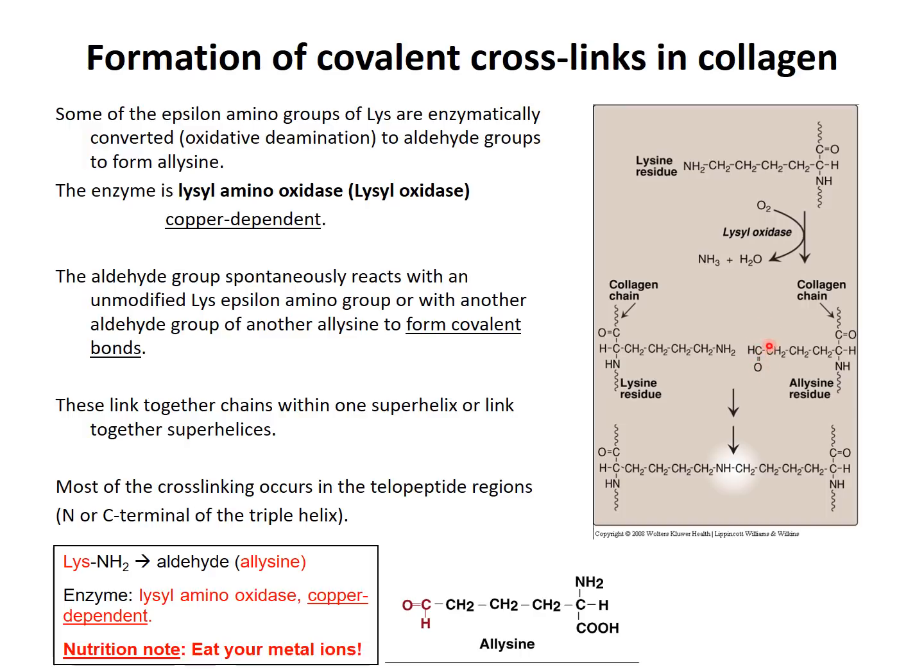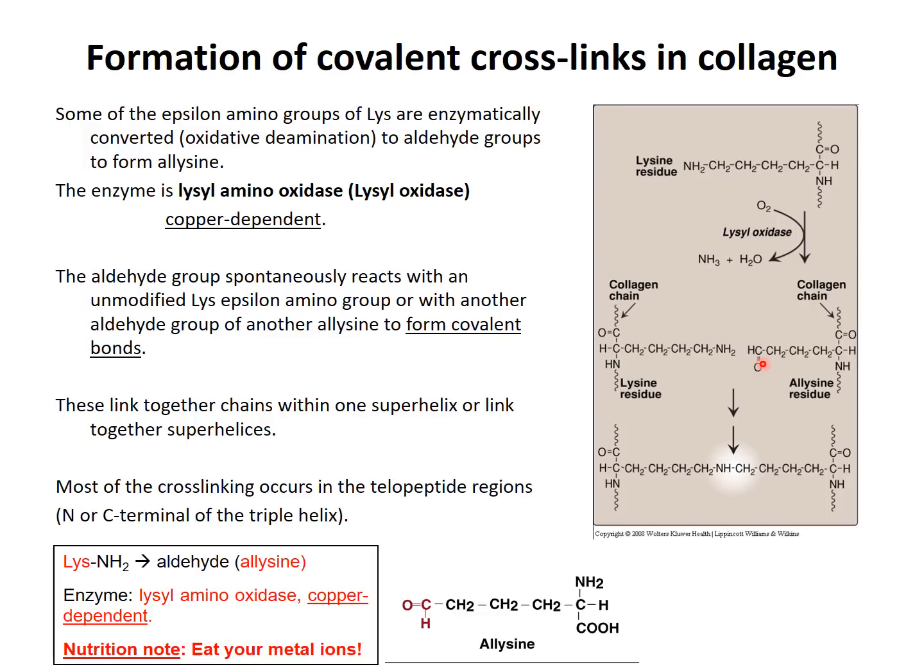It can react either with another aldehyde, which we call aldehyde condensation, or the aldehyde can react with an amino group, which is Schiff base formation, if you were a chemistry major, and a covalent bond will be formed. So you need the enzyme, which works with molecular oxygen and a copper ion. It forms the aldehyde. The aldehyde reacts with an amino or another aldehyde group from another modified lysine residue and cross-links these triple helices.